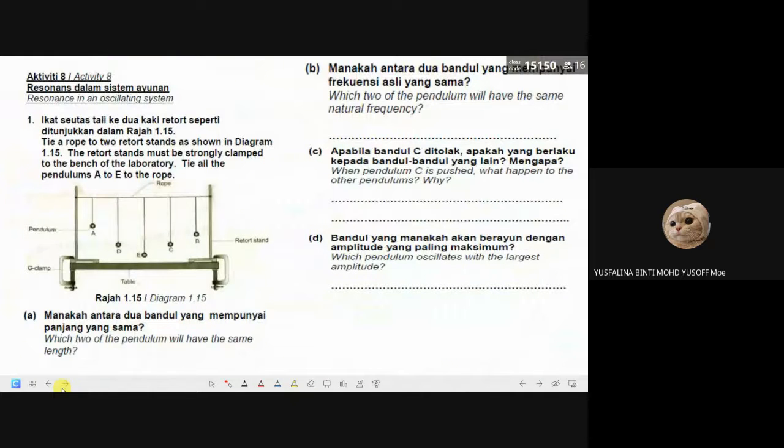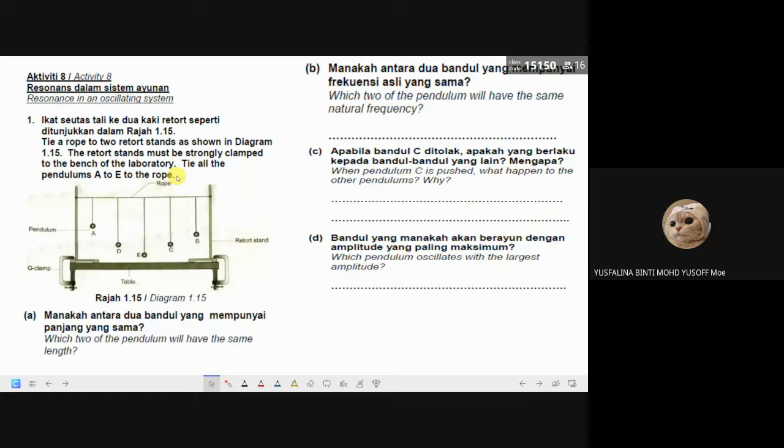This is the experiment that we saw just now. It says here: tie a rope to two retort stands as shown in diagram 1.15. The retort stands must be strongly clamped to the bench of the laboratory. Tie all the pendulums A to E to the rope.